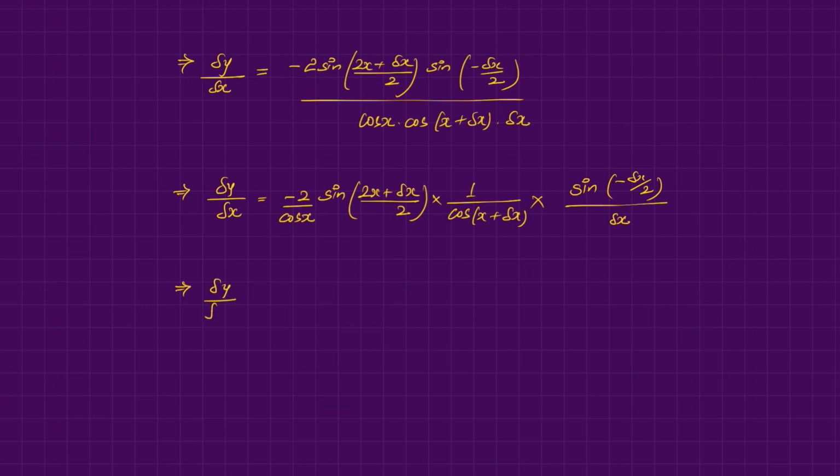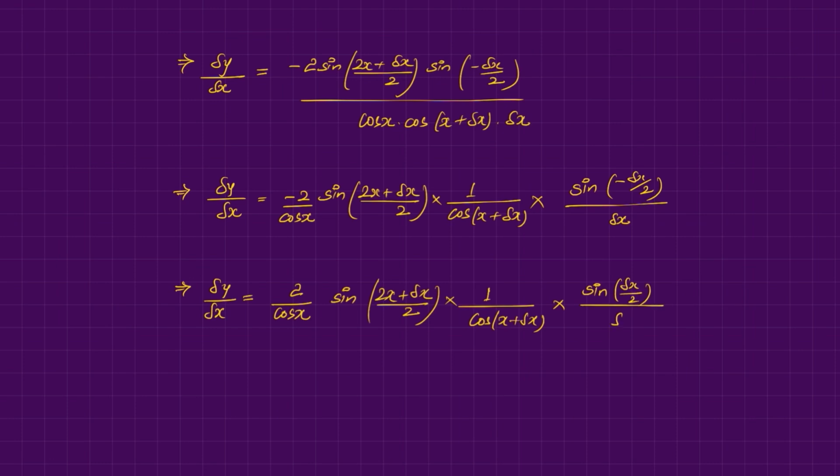Okay, so it will be delta y by delta x equals to 2 by cos x into sine of 2x plus del x by 2 into 1 by cos of x plus delta x into sine of delta x by 2 divided by delta x, and since here the angle is delta x by 2, so let me write the into by 2 into 2.